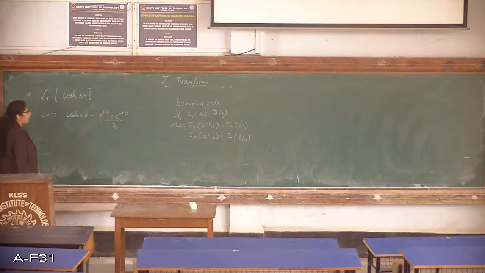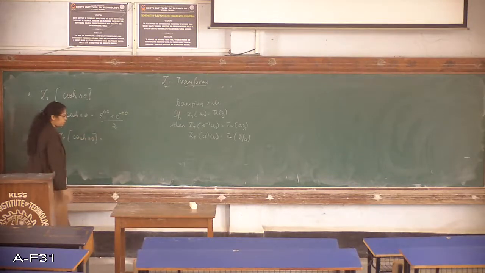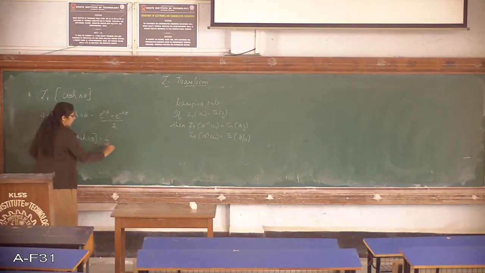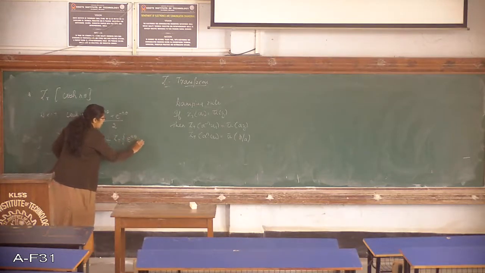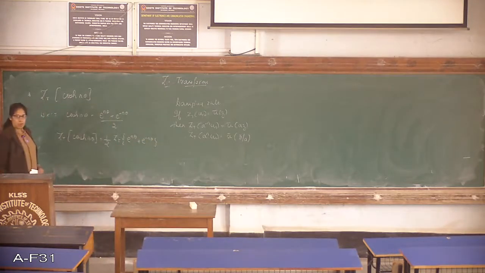If I take the Z transform on this, the Z transform of cos hyperbolic n theta is equal to half times the Z transform of e raised to n theta plus e raised to minus n theta, by making use of the linearity property of the Z transforms.